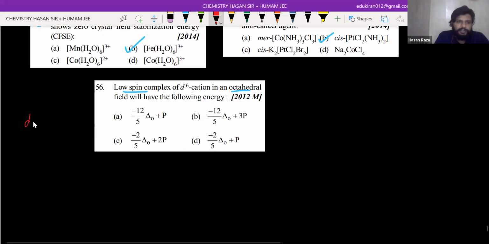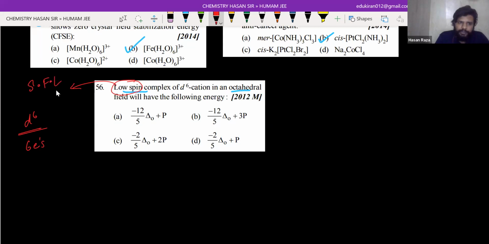this is d6. That means the d orbital has 6 electrons. Now, what are you going to see? Low spin. That means a strong field ligand, so basically pairing will take place. Octahedral, so d2sp3.